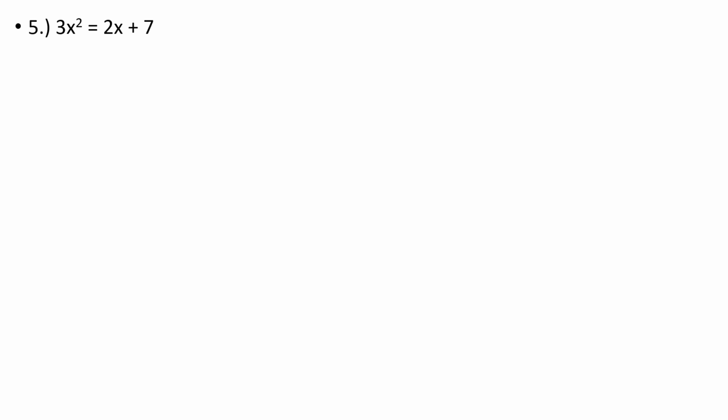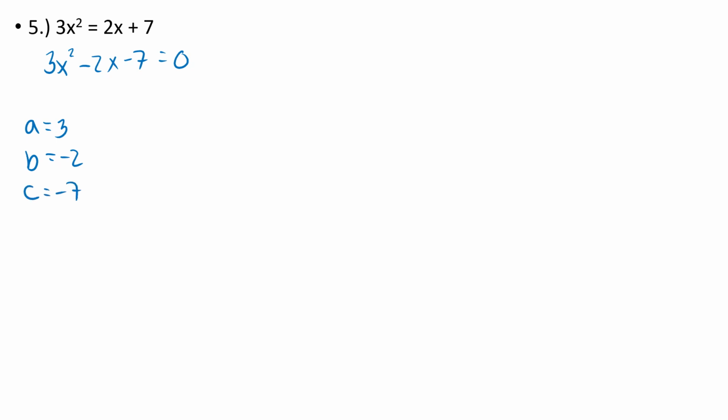Now, typically what I would do is this, I would not even show what I was doing. I would just say, listen, I know I'm going to subtract 2x from both sides, and I'm going to subtract 7 from both sides. So when I subtract them, I'm going to end up with minusing, and then I'll have the 0 on the other side. And that should be fine for most teachers, like at this point, if you do it long enough.